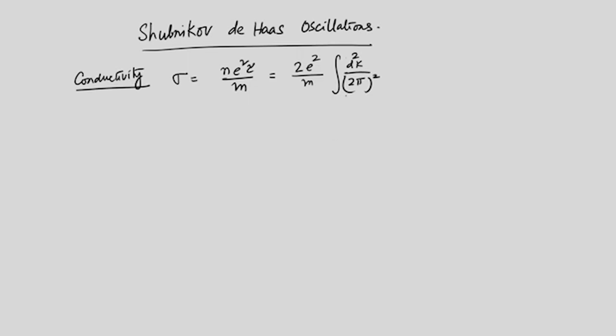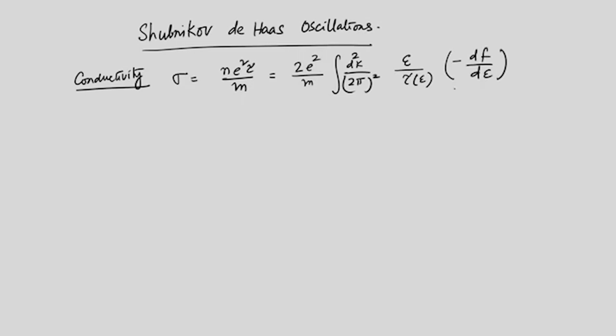Of course, please do not be confused that we are writing k, but k is not a good quantum number. I mean, both the k's are not good quantum numbers in this particular problem. So, we will change it to an energy integral. I am only writing the formula for the conductivity. So, this is equal to some epsilon, and then there is tau of epsilon, and there is a minus df de.